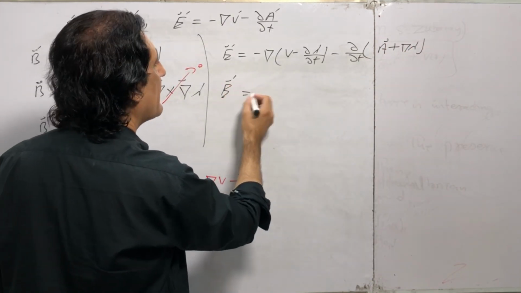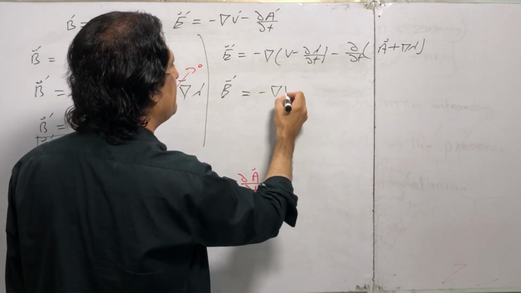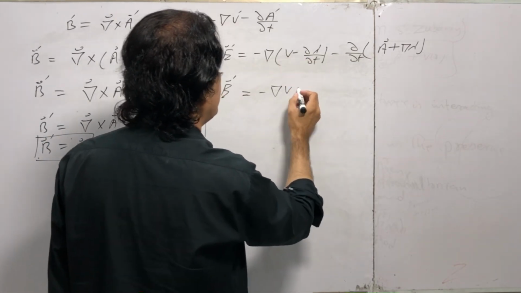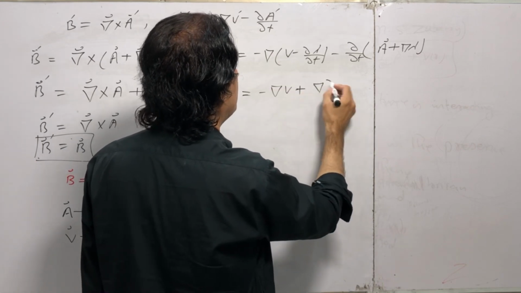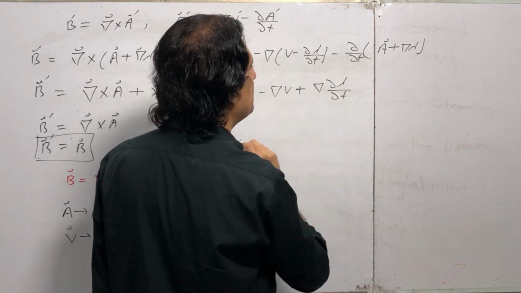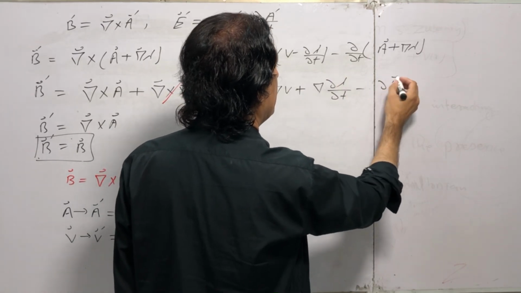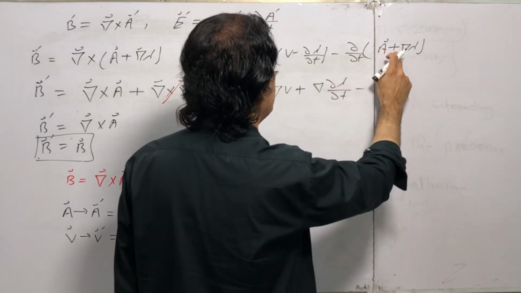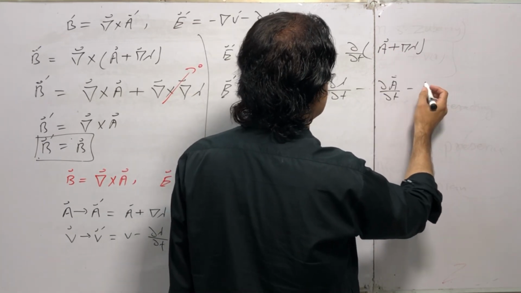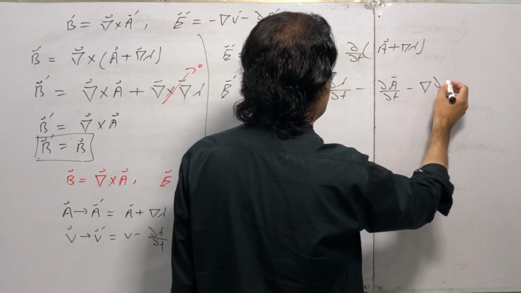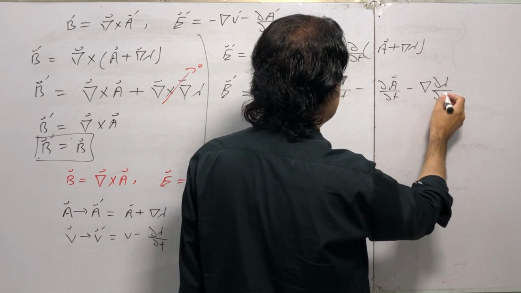Now after some calculation, minus del V, and this is equal to plus del partial lambda divided by partial t, and minus partial A divided by partial t, and minus del partial lambda divided by partial t.